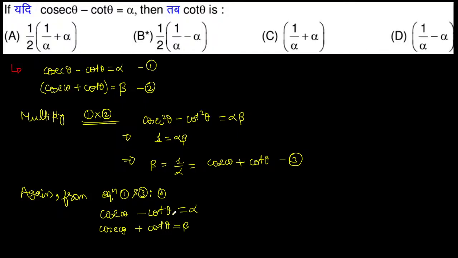When we subtract both of them, on subtracting we get elimination. Okay, 2 cot theta equal to beta minus alpha, and cot theta will be 1 by 2 times beta minus alpha. Beta is 1 by alpha, so 1 by alpha minus alpha. So if you see the solution, option B is correct.